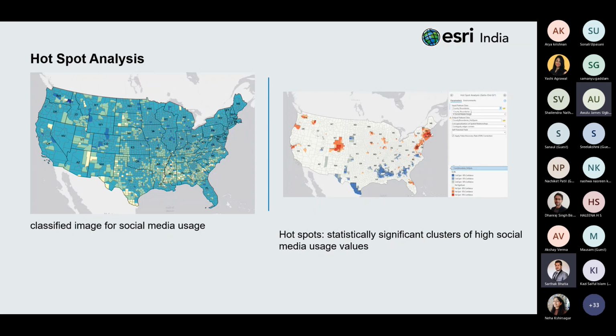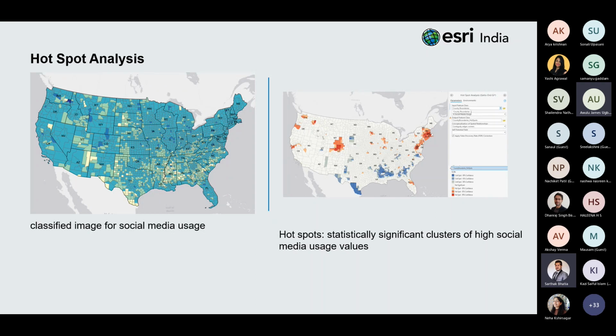But to represent what the input and the output look like, the image on the right contains these red colored areas which indicate statistically significant clusters of high social media usage, and can be referred to as the hotspots, representing the popularity gain. In comparison to that, the sections which are blue in color indicate areas which have a statistically significant cluster of low social media usage. So they can be referred to as cold spots.